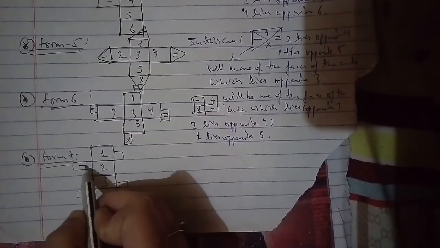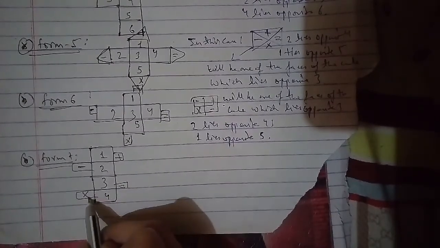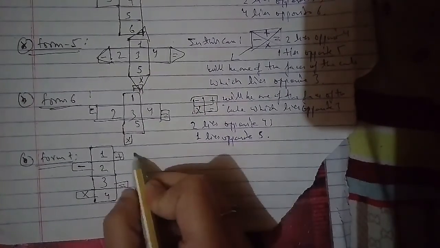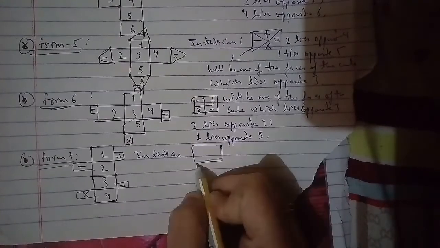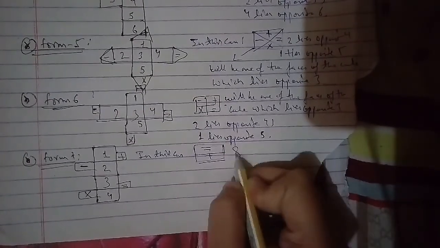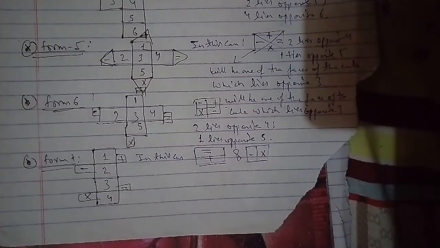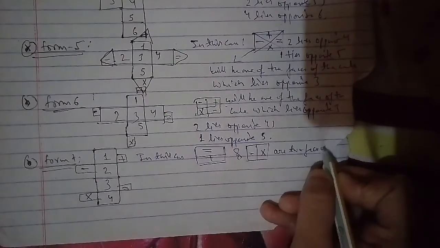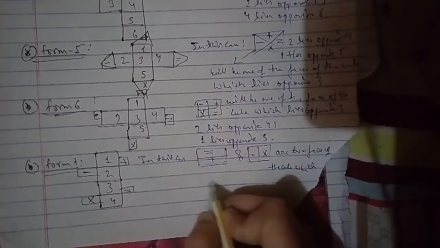This has been minus, plus, equal, multiply here, and in this case it will form equivalent, plus and minus and cross, that is multiply, that are two faces of the cube which lie opposite to each other.